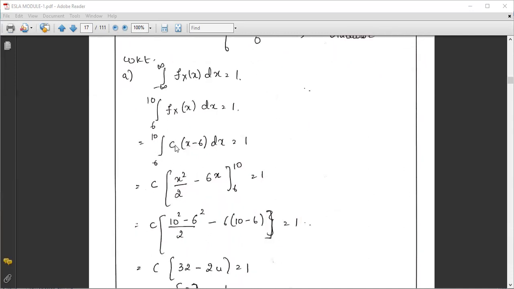Same as the previous problem, take the constant outside the integral and integrate x minus 6.